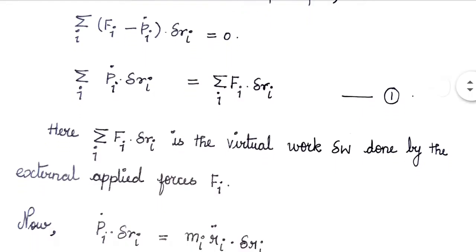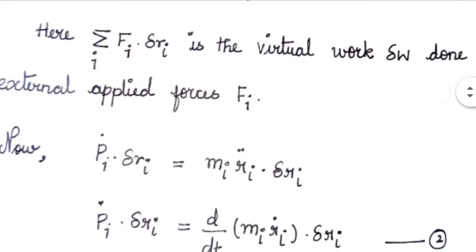Now let us evaluate what this Pi dot into delta Ri is. We all know Pi is the linear momentum. So the momentum Pi is given by Mi into Vi. Vi can be written as Ri dot. So Pi dot is written as Mi Ri double dot into delta Ri.